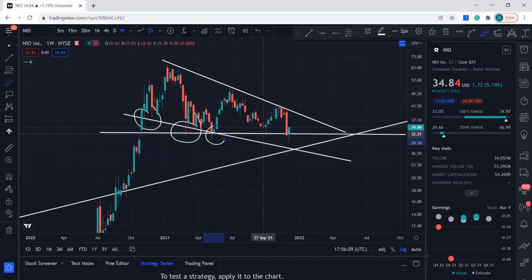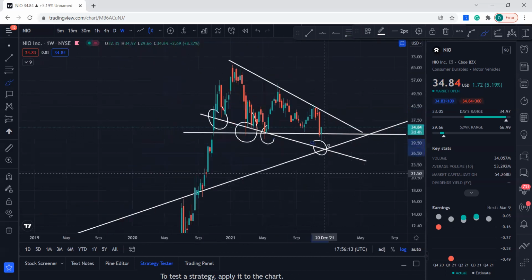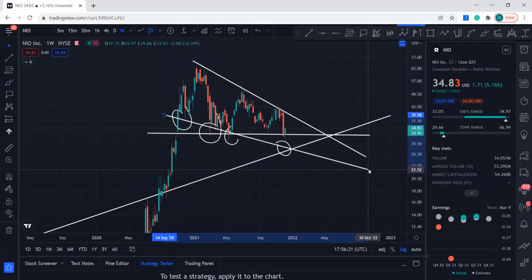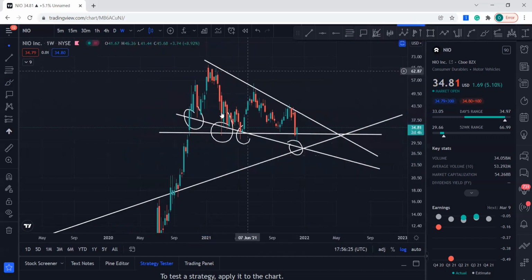This support line is also coming into play one more time. And if something happens, it is going to create this falling wedge again, which is again a bullish pattern. But you can see NIO is trying to climb up now. Keep an eye on this.